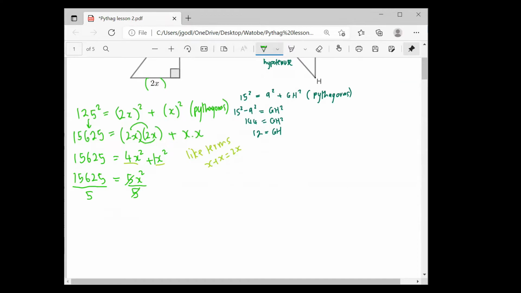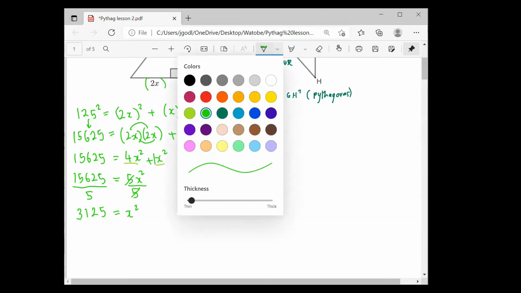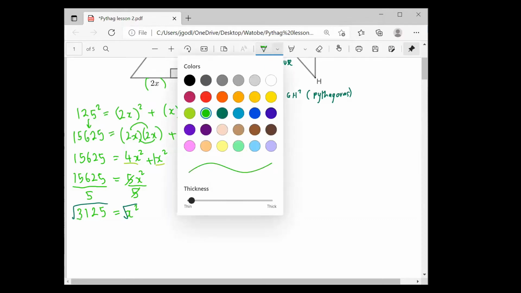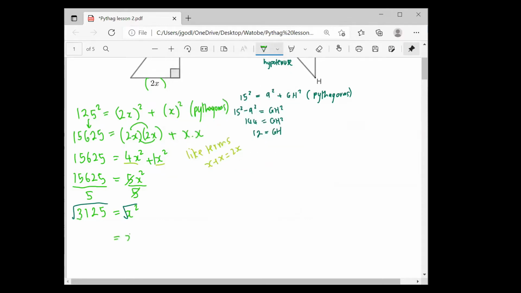So I'm going to say that big number divided by 5, and that gives me 3125 is equal to x squared. Okay, and then when I need x to be alone and it's being squared, I'm going to square root it. And so I get the answer of x is equal to 55.90. And that would be our answer.